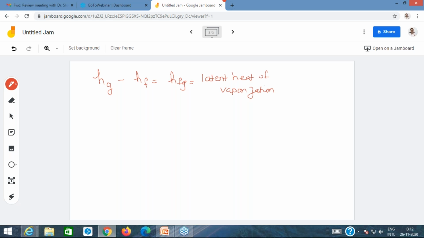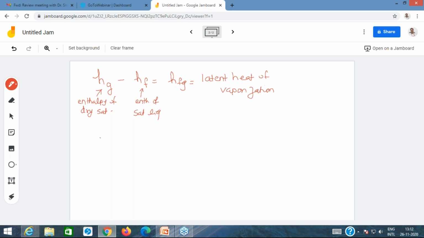Obviously, this is at a given pressure. Hg is the enthalpy of dry saturated steam. Hf is enthalpy of saturated liquid. And Hfg is the latent heat.